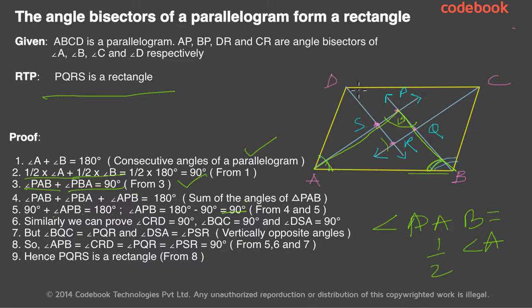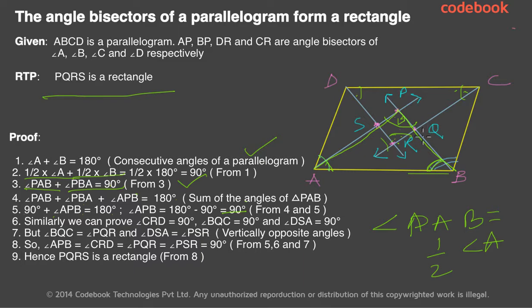We are going to say half D plus half C is 90 that we know, plus angle DRC is equal to 180 because the sum of three angles in a triangle is 180 degrees. So this angle plus this angle plus this angle is equal to 180 degrees, but we know this angle plus this angle is 90 degrees. So this angle becomes 180 minus 90, which is 90. So in this way we can prove the other two angles are also 90 degrees.